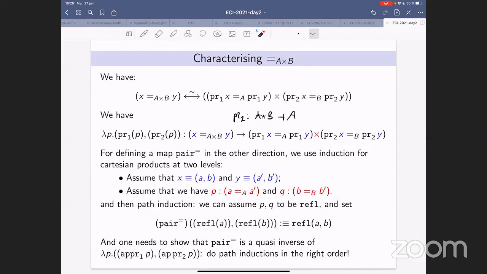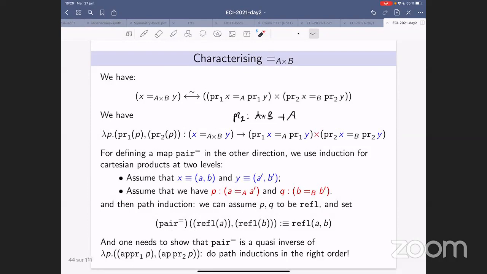So it's a proof that AB is equal to AB. So we reduce the problem to a very special case for which we have an evident solution, namely ref, and that gives me for free the definition in the other direction.